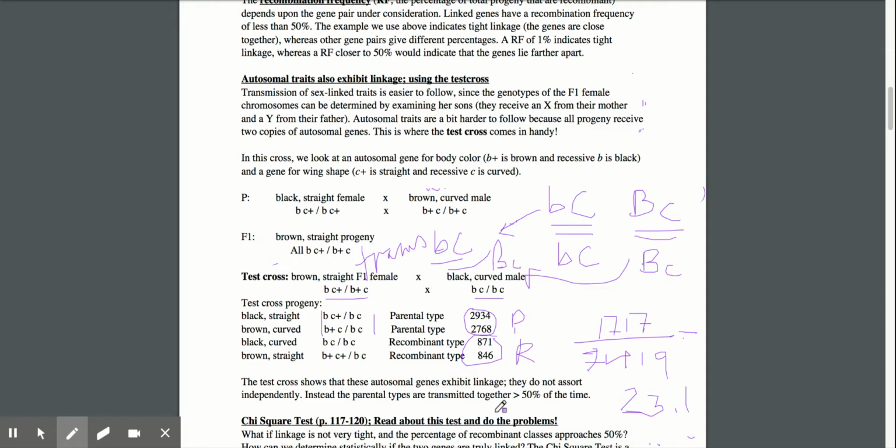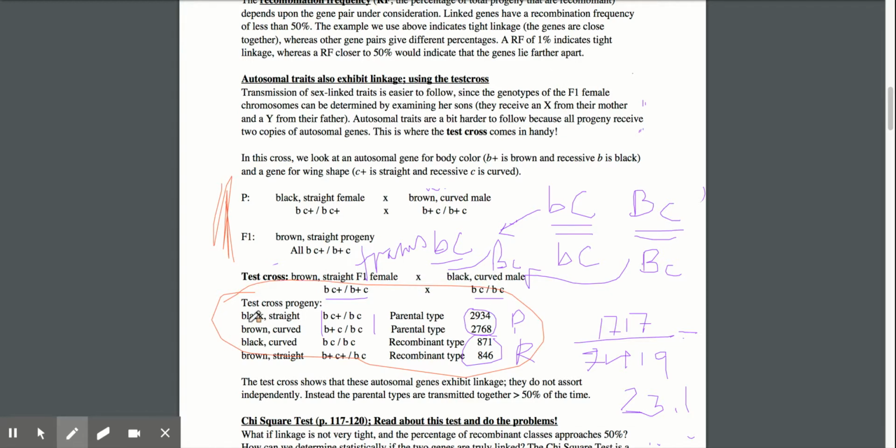Now, this goes on and talks about the chi-square test, and we will talk about that elsewhere. So here we see 2 examples of the 2-point test cross, the very most basic type of cross. Sometimes we're given this crossing information and sometimes we're not. Sometimes we're just given this much, and then we have to figure it out.